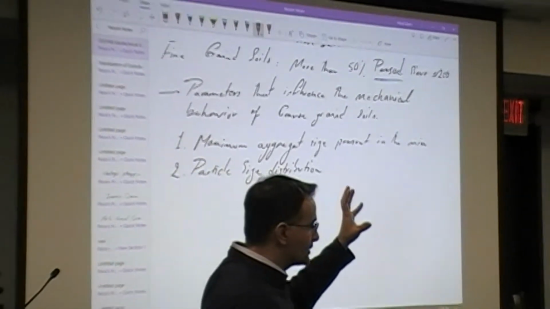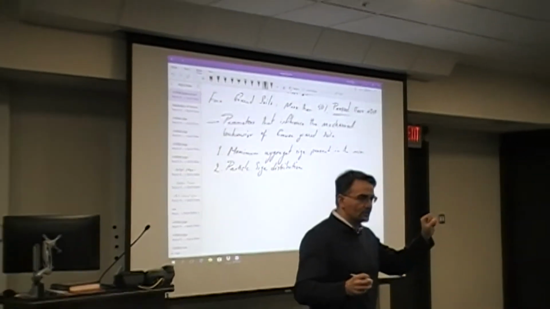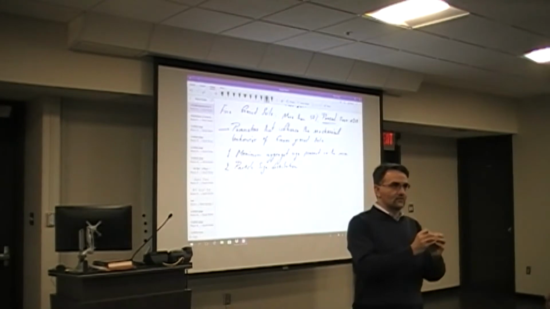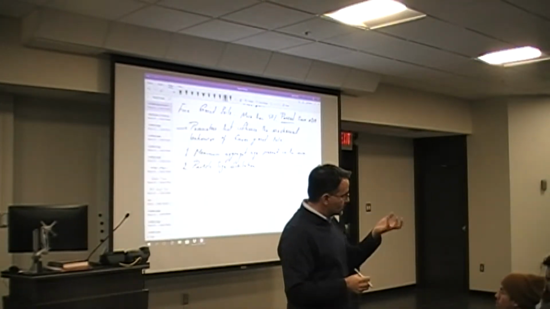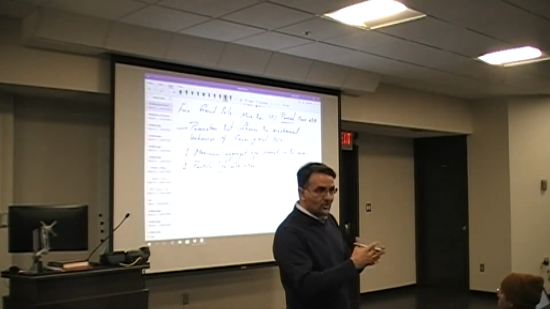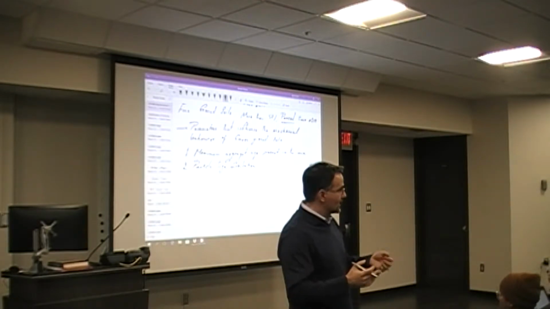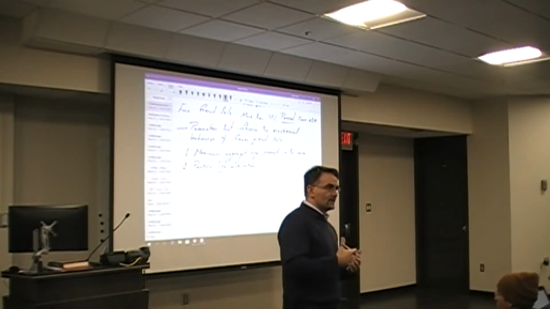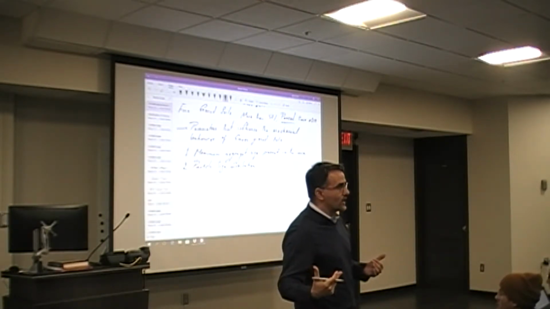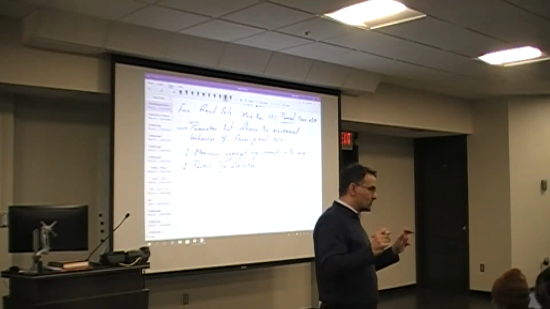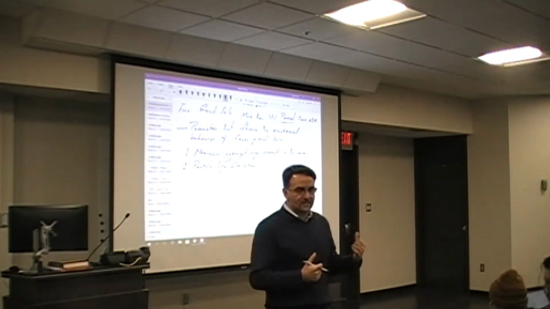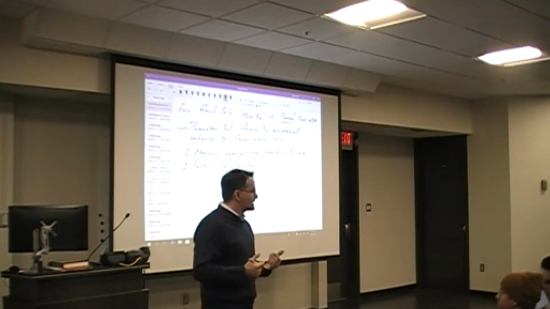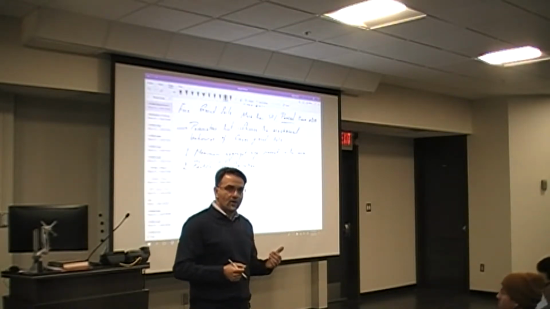You have larger particle sizes, you have intermediate particle sizes, you have smaller particle sizes. So when you hold the soil in your hand, you can essentially see that. And that would be, again, a crude way to address that. Since we're dealing with the engineering side of it, we have to look into characterization of that. We do it based on the sieve analysis, and we look at it based on the gradation curves.